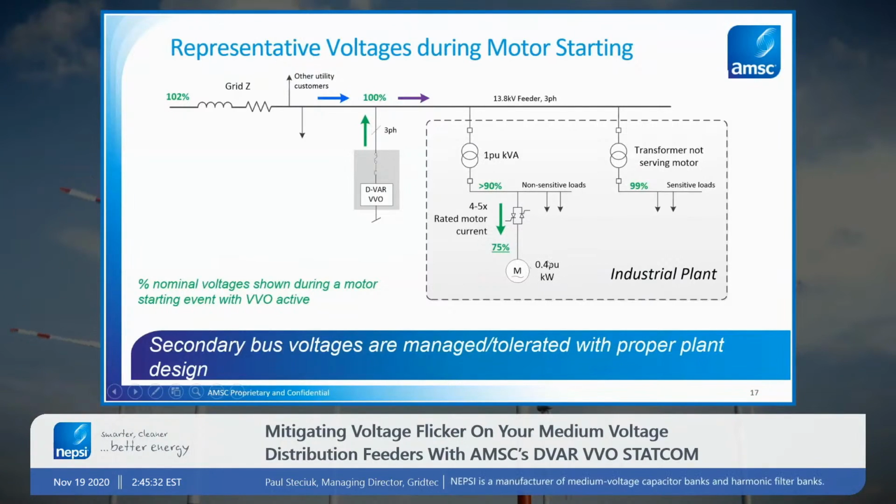Up to about 0.5, 0.6 per unit is typically common sizing practice. If that secondary bus voltage is getting down around 85%, then we would typically recommend upsizing a transformer or adding another transformer to stiffen up that drop. But general guidance is that 90% or greater is typically not an issue at all on a secondary bus.